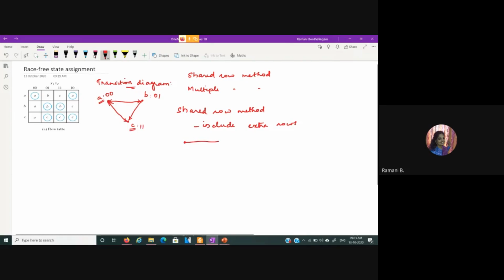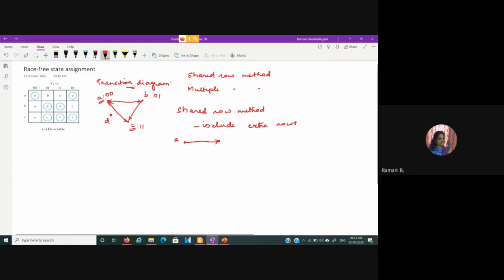Instead of going with this A to C transition directly, we make an additional state over here. Let us call it D, and instead of going directly from A to C, I go to D and then go to C. Similarly, C to A is done by C to D and then to A. Thereby, we could avoid the race condition.